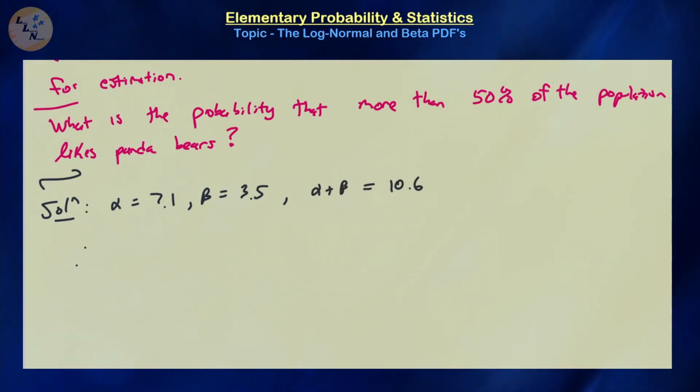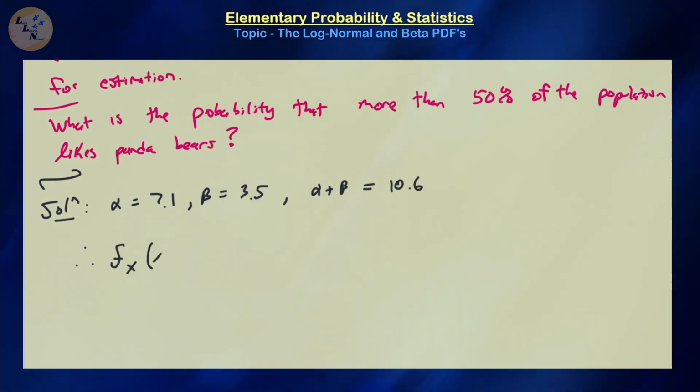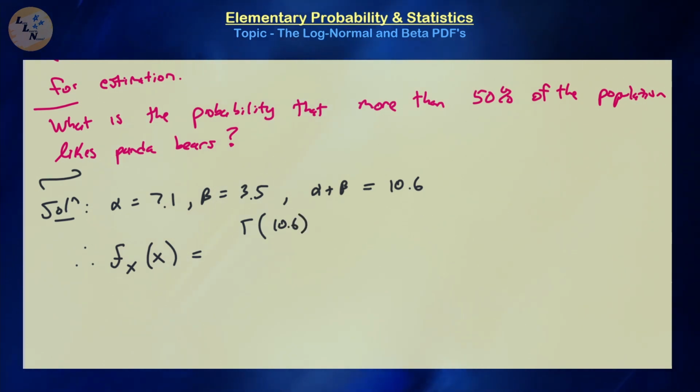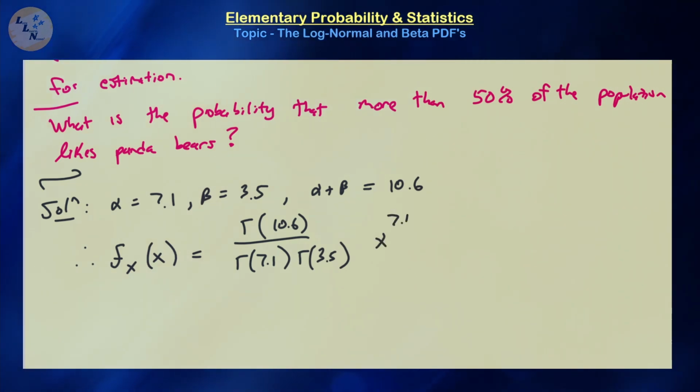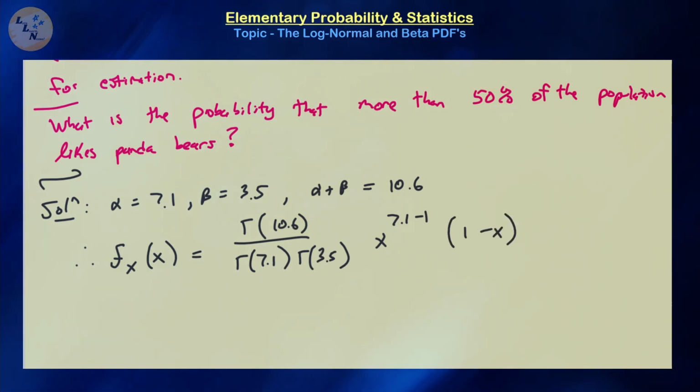10.6. So that means our distribution f of x is going to be equal to gamma of alpha plus beta divided by gamma of alpha times gamma of beta times x to the alpha minus 1 times 1 minus x to the beta minus 1.